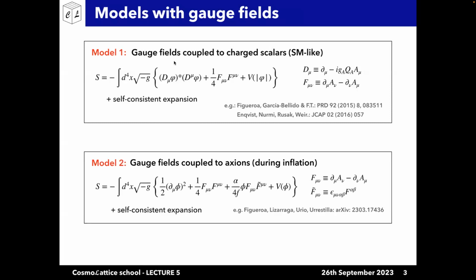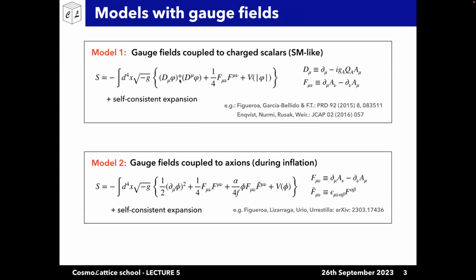This is what we are going to consider, model 1. Model 2 is precisely what we will cover in lecture 10, in which Johannes and Ander will discuss how to simulate gauge fields coupled to axions, where the interaction between the gauge field and the axion is different.